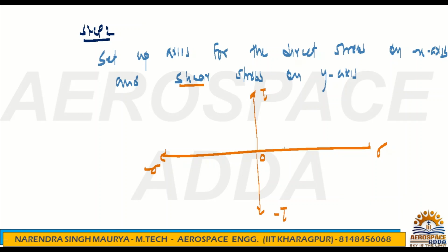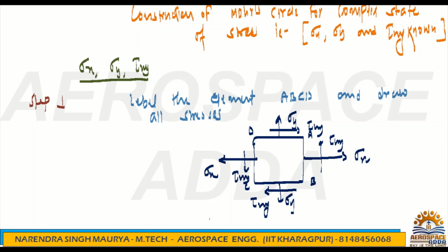So I can make a point. See, this is one point. I can say this value is nothing but sigma y, and somewhere here this is nothing but sigma x. Second thing, we also have to see the tau value. See, this is clockwise.